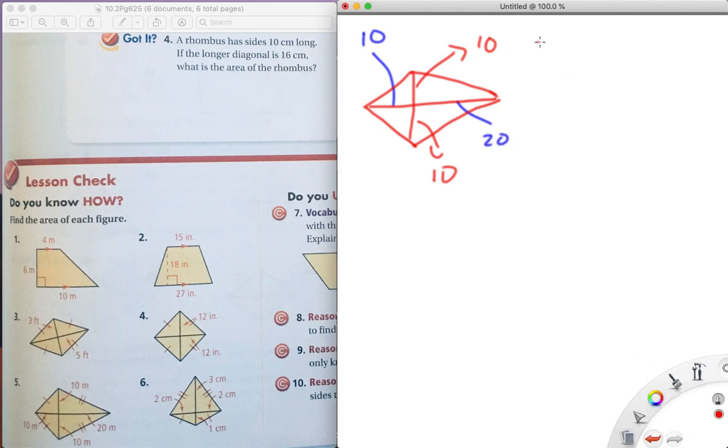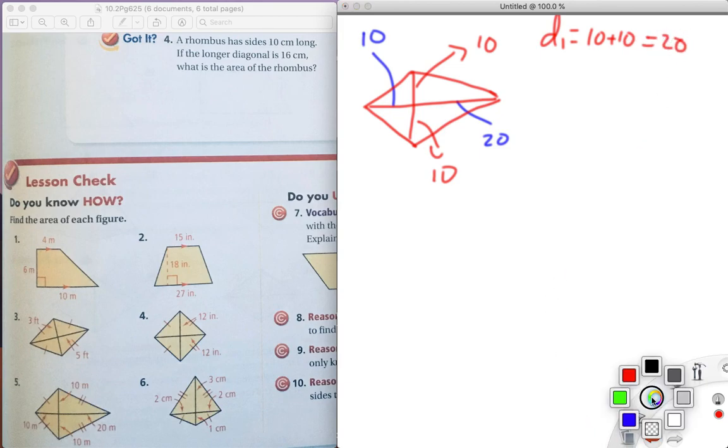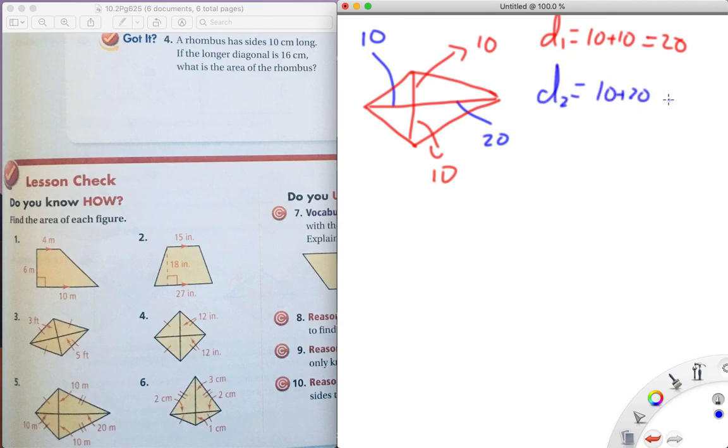So the first diagonal is 10 plus 10, which equals 20. The second diagonal is 10 plus 20, which equals 30.